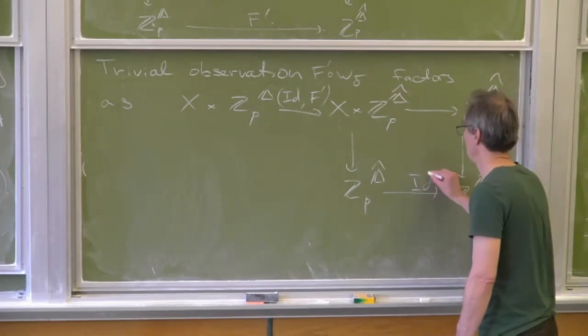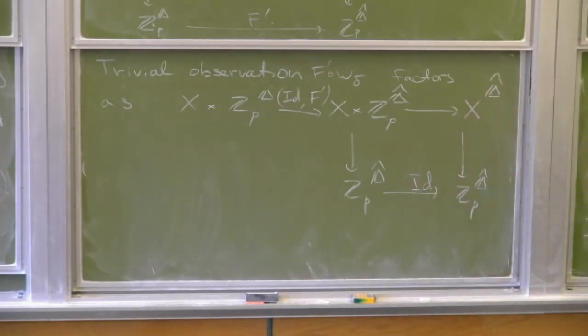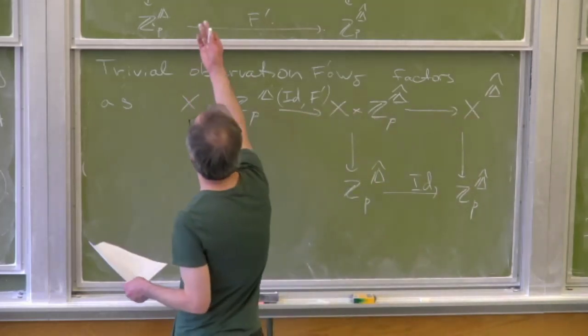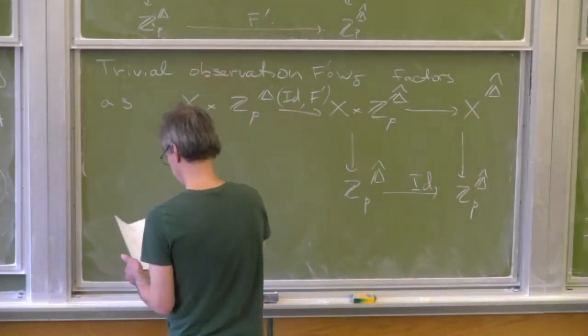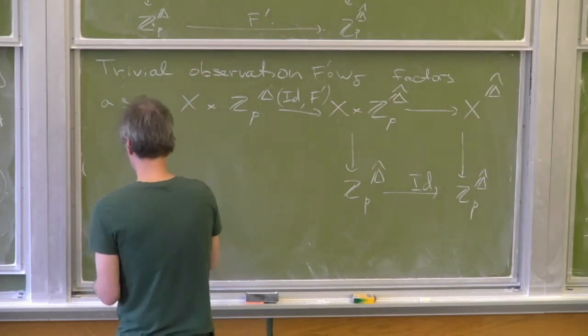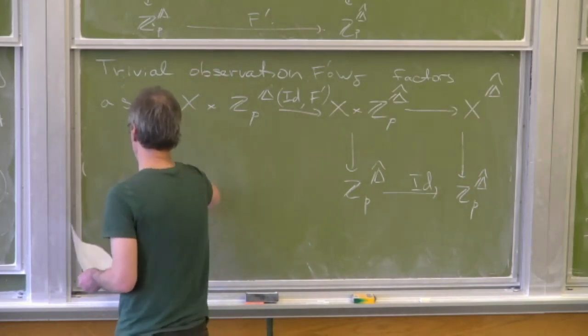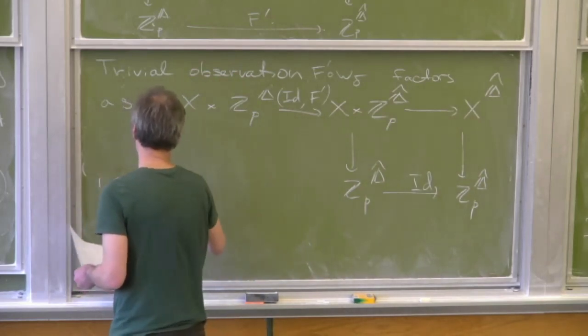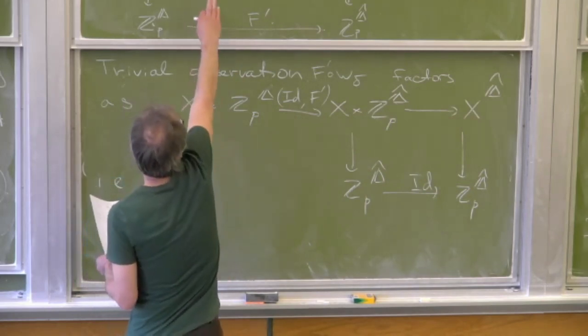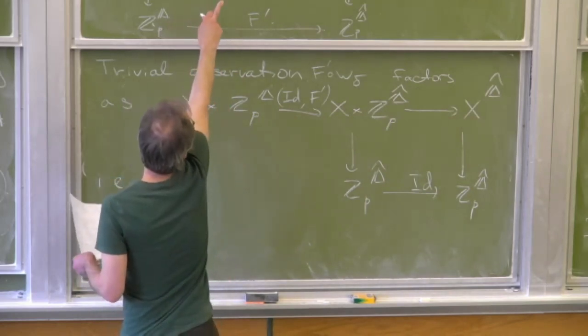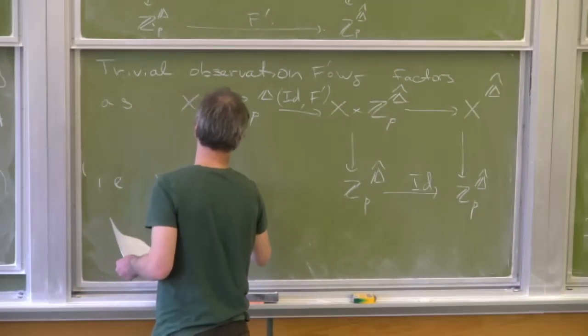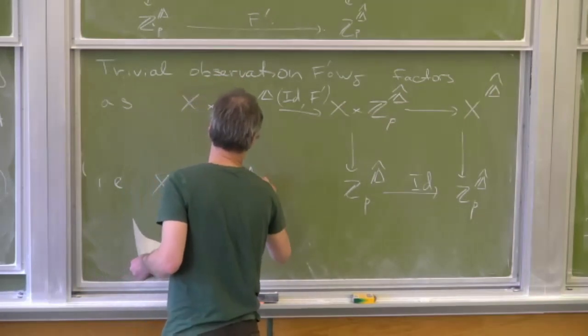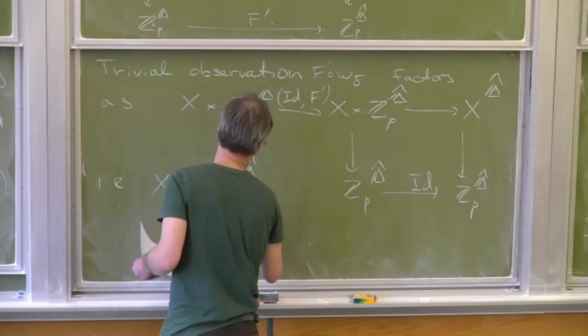So concretely, what it means is that the map that I defined here from X to X sheared prismatized at C.